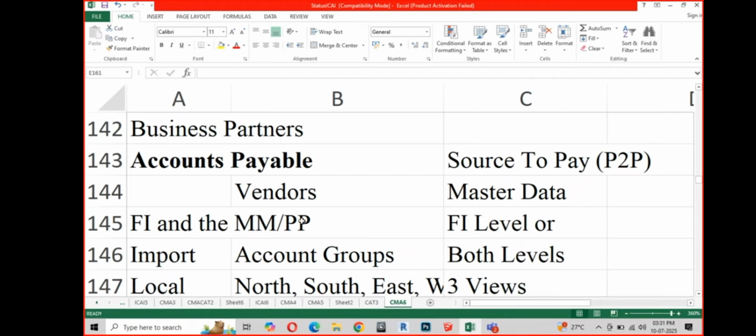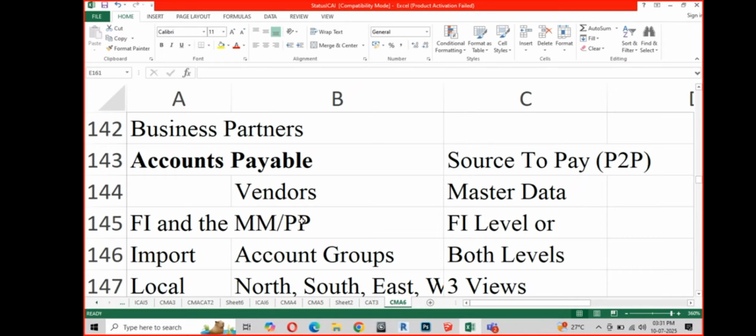So basically, based on the nature of the vendor, you create the master records, and the master data is managed by both your finance and your material management people, the FI module and your MM.